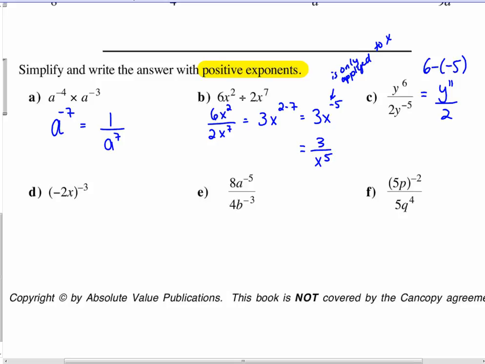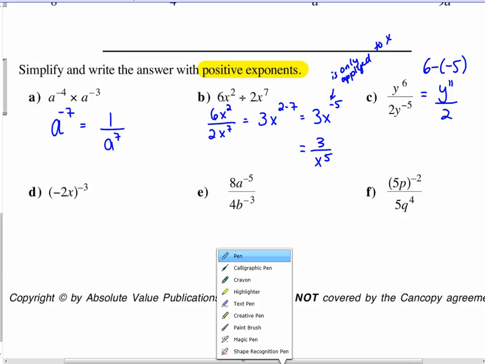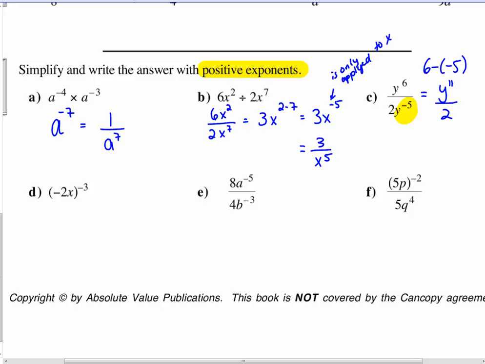Now another way to solve this, because that might be kind of confusing, is remember we talked about how if you have a negative exponent, we can move it. So this y to the negative 5, because it has a negative exponent, we can move it to the numerator to make it positive. We move it across the line, and the sign changes.